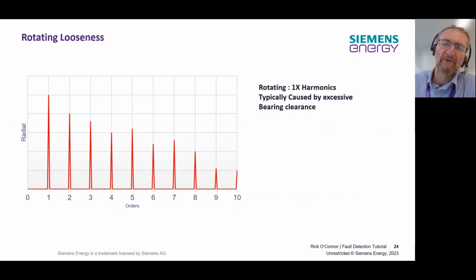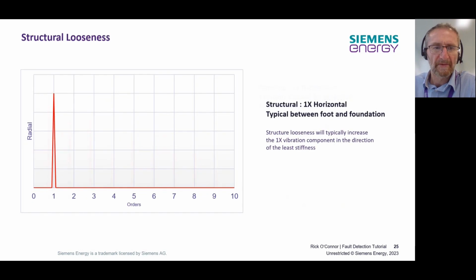Another common fault condition is rotating looseness, often caused by excessive bearing clearances. In this instance, you would expect to see a strong 1x response with multiple harmonics. Structural looseness also has a very familiar response here.